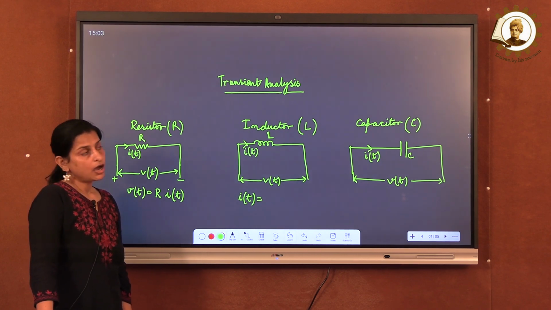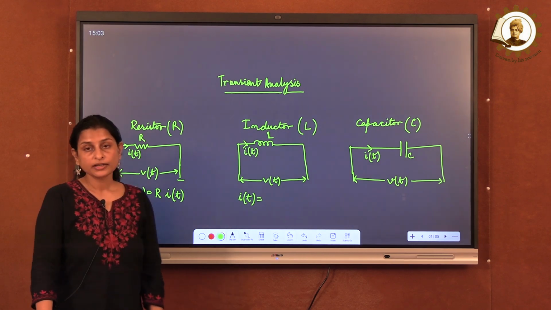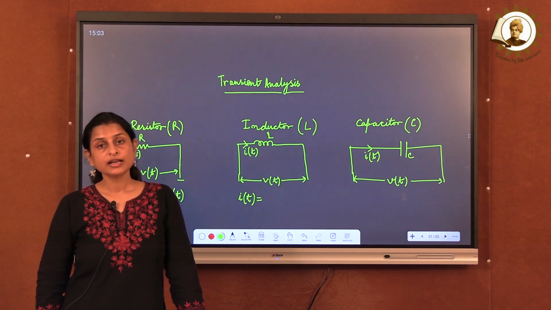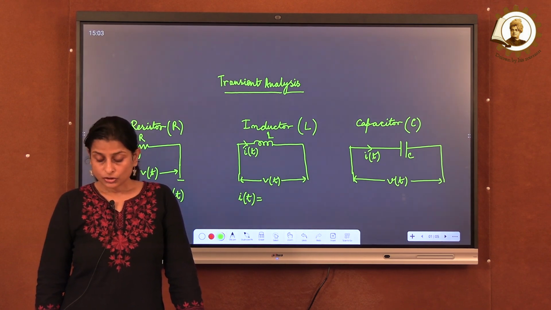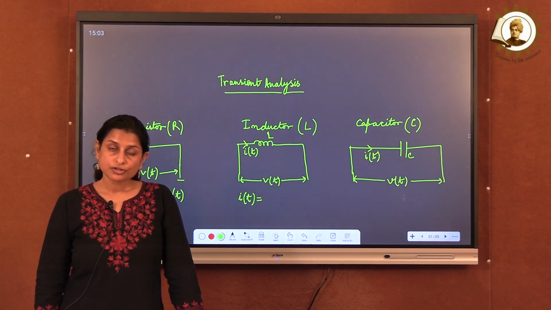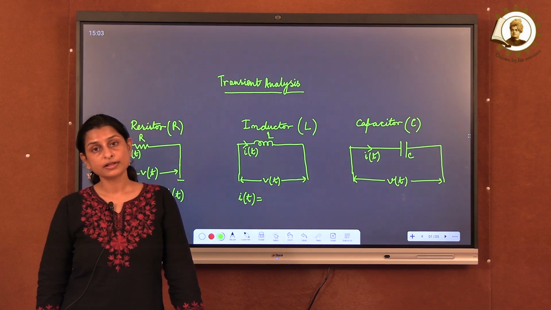Here, inductor and capacitor switch from one condition to another condition when there is a change in the applied source. When there is a change in the state of inductor and capacitor, the response of current and of voltage also changes from one state to another state.